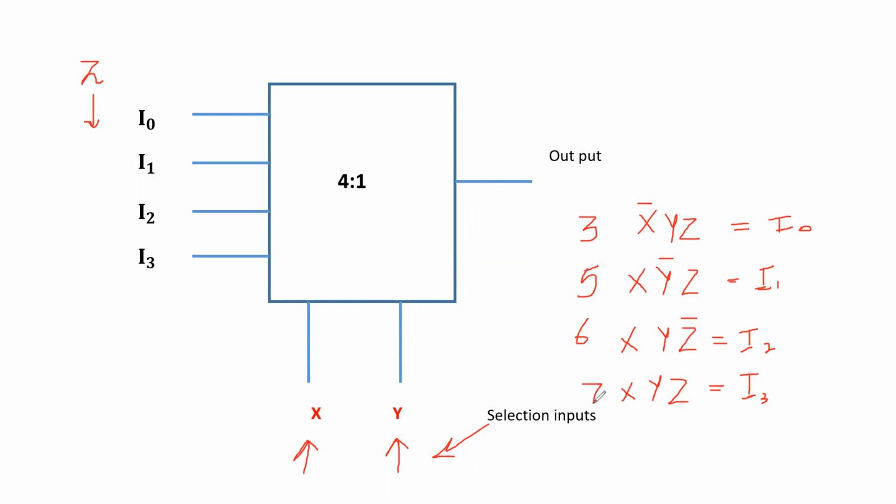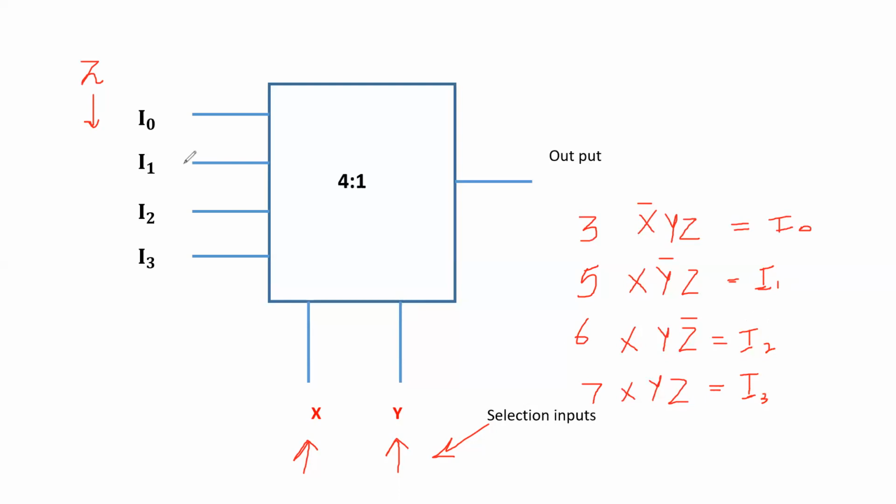Now what we'll be doing is that since we have used these two selection lines as x and y variables, and the third variable z is applied as an input here. In these outputs, I0 has the value of z, I1 also has value of z, I2 has z complement, whereas I3 has value of z.